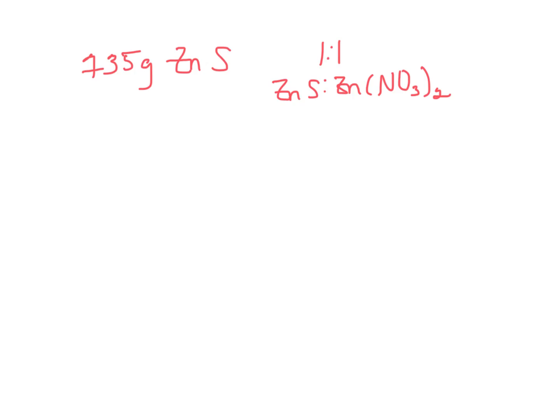I also know the molar masses: for zinc sulfide, it's 97.47 grams per mole, and for zinc nitrate, the molar mass is 189.36 grams per mole. So with this information, I can set up my stoichiometry calculation.